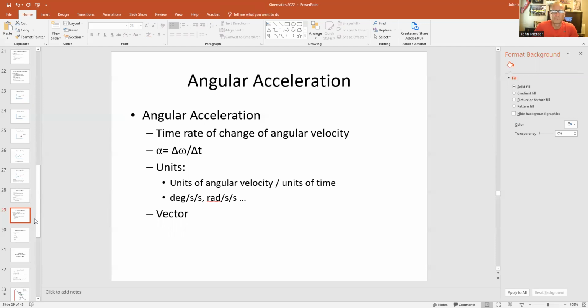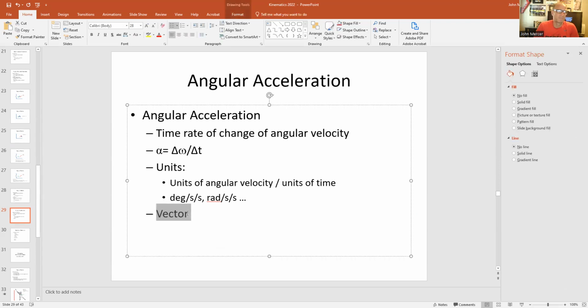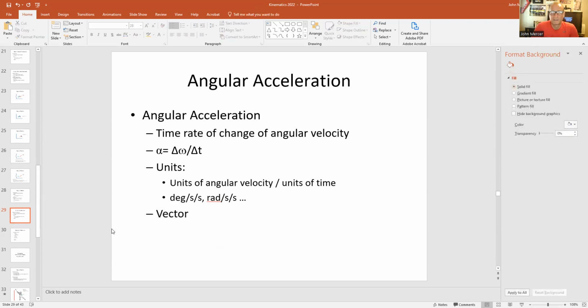The units are any units of angular velocity over any units of time, such as degrees per second per second, radians per second per second. Angular acceleration is a vector. So again, your math radar needs to go off, and angular acceleration will have a magnitude and a direction associated with it. We need to account for both of those when we are doing our math for angular acceleration.